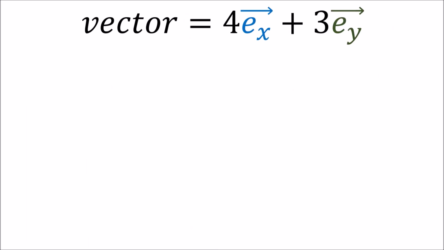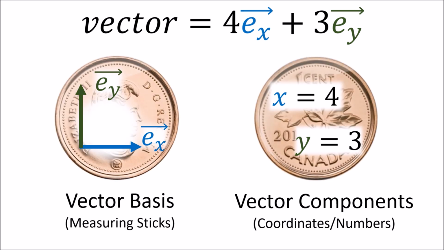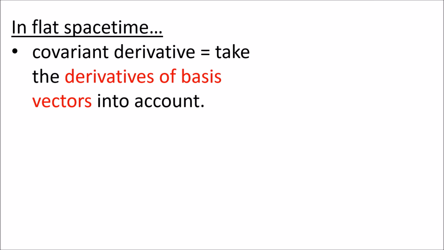As I've said many times before, basis vectors and vector components are like 2 sides of the same coin. We can't talk about one without also talking about the other. A derivative that makes physical sense needs to take the change of both vector components as well as basis vectors into account. In flat spacetime, the covariant derivative just means taking a derivative where we remember to take the derivatives of basis vectors into account.